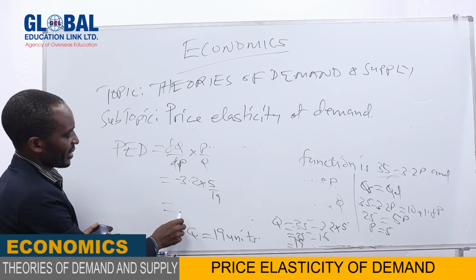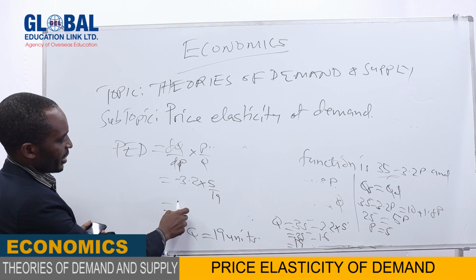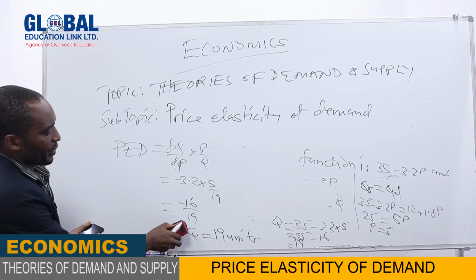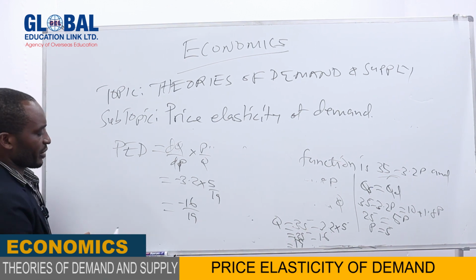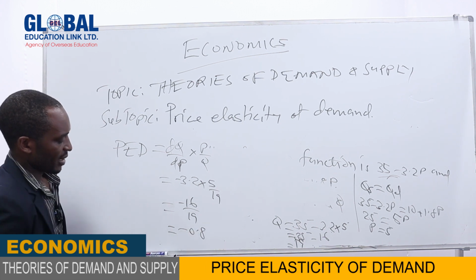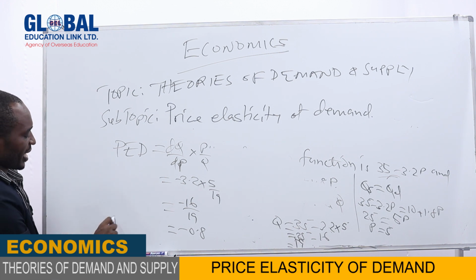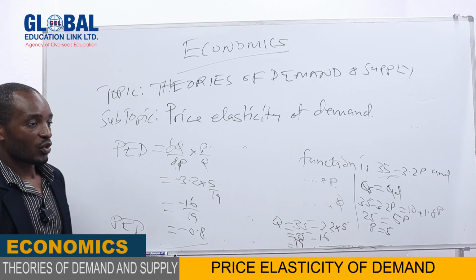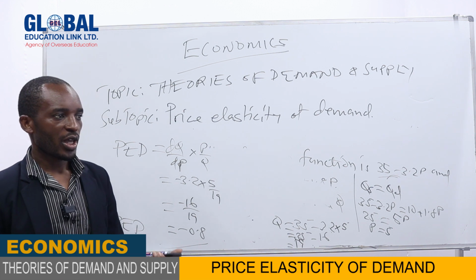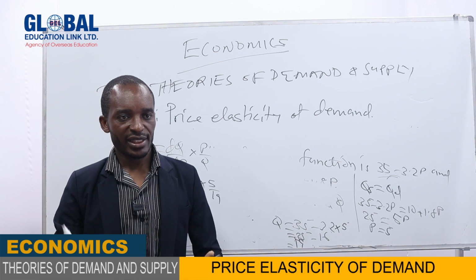When you multiply this information, it will be negative 16 over 19. And when you divide this one using a calculator, you'll get negative 0.8. Okay? So the price elasticity of demand will be negative 0.8. So thank you for listening. This is the end of our presentation. We'll meet next time. Thank you.